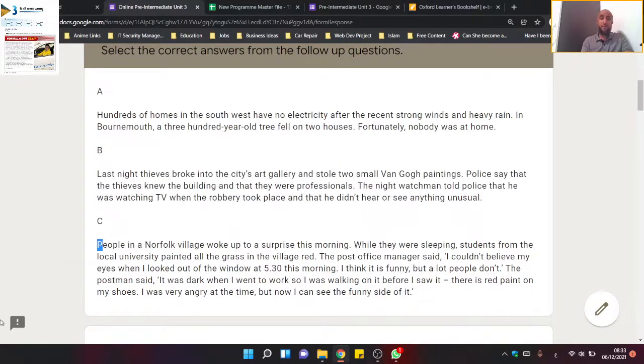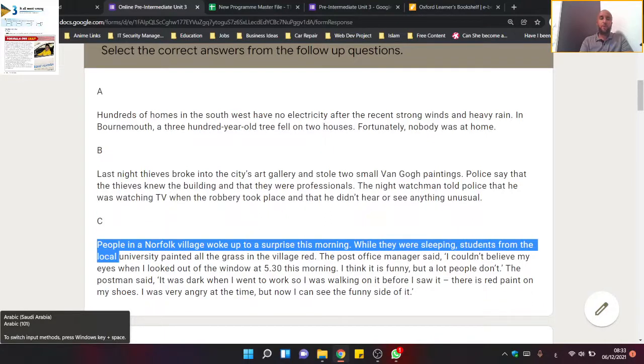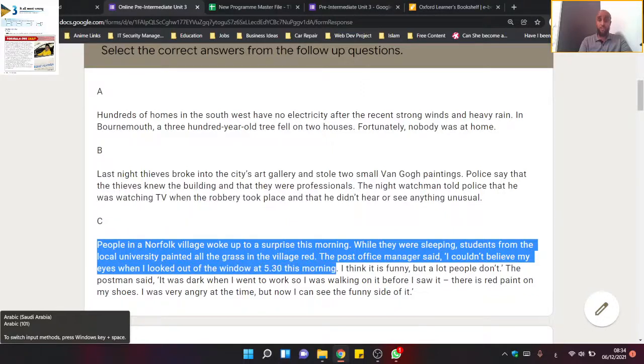Okay, this is article C. People in Norfolk Village woke up to a surprise this morning. While they were sleeping, students from the local university painted all the grass in the village red. The post office manager said, I couldn't believe my eyes when I looked out of the window at 5:30 this morning.